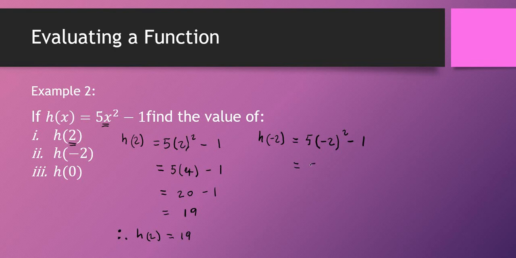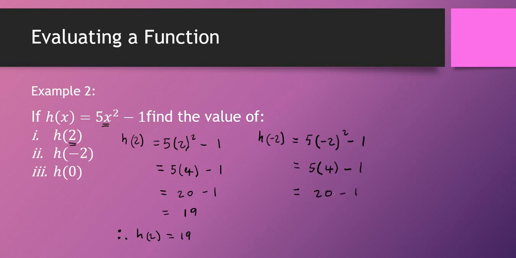So keep the 5 first. Work out the part with the square, with the power. So negative 2 squared means negative 2 times negative 2. And negative 2 times negative 2, that is going to give us a positive 4. Minus 1. So here, 5 times 4, that is going to give us 20.